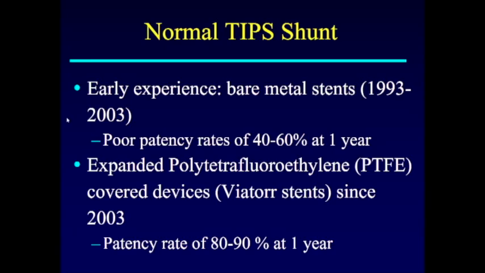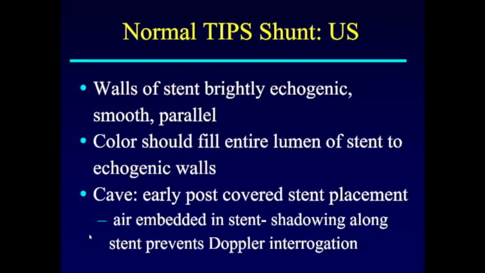So then someone developed expanded polytetrafluoroethylene PTFE covered devices, the Viator stents that are still being used today, and they have been in use since 2003. And the big advantage of the Viator PTFE covered shunts was that they have a patency rate of 80 to 90% at 1 year.